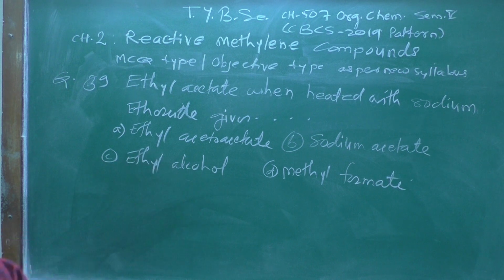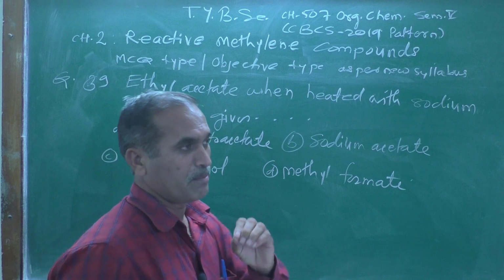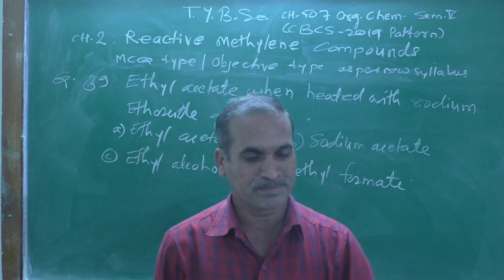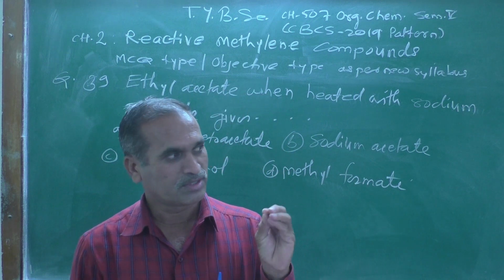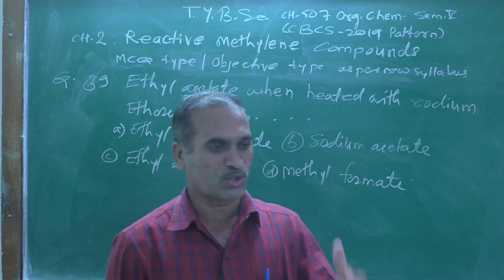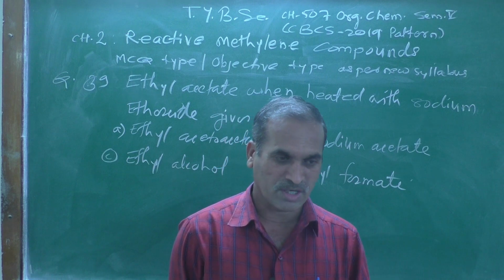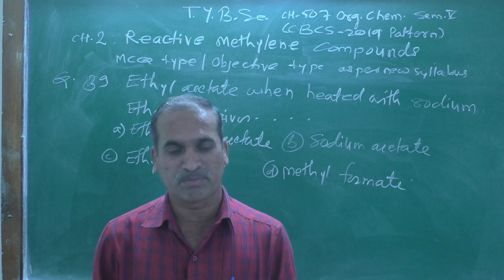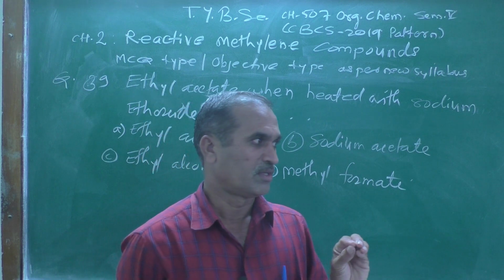Ethyl acetate when heated with sodium ethoxide is one of the named reactions that we described during the chapter, the synthesis of acetoacetic ester or ethyl acetoacetate, which we can also call a beta keto ester.